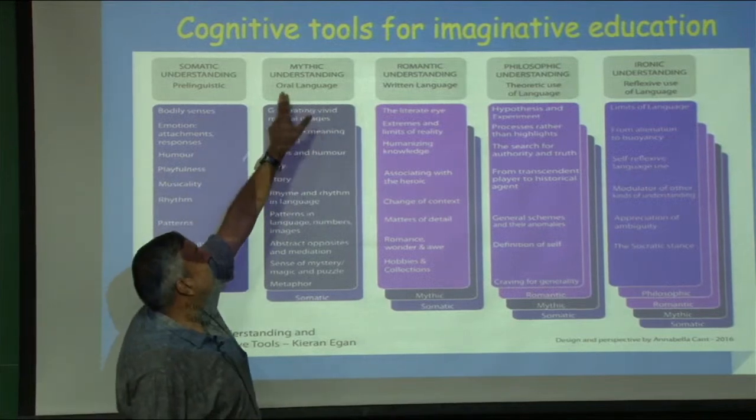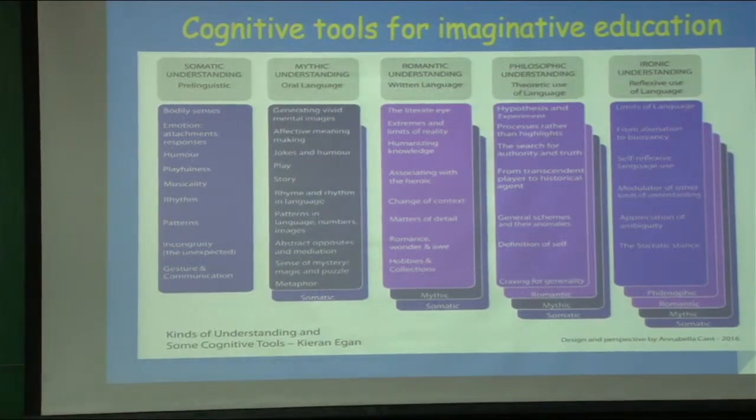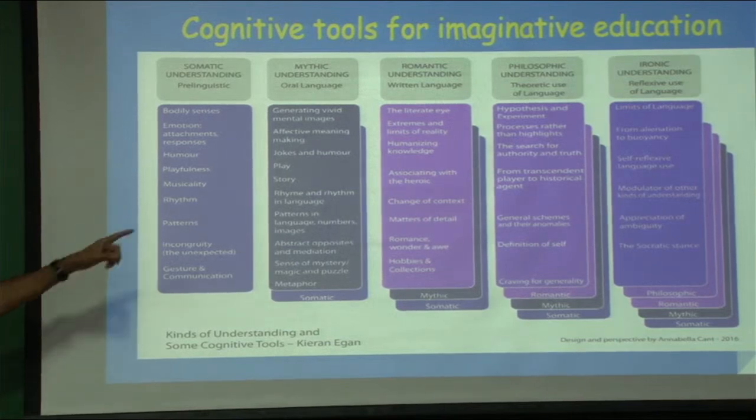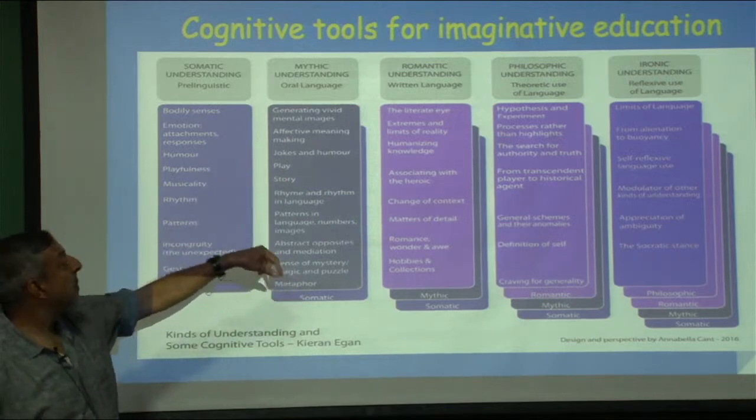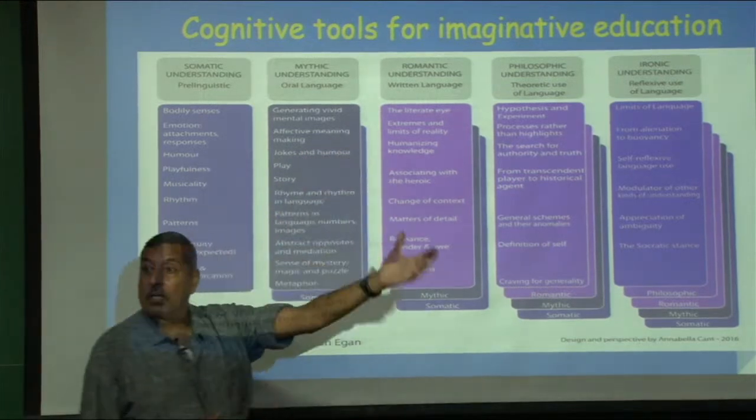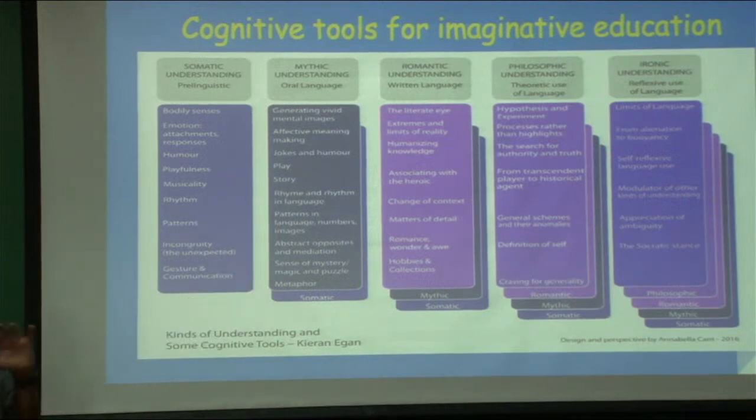Once kids start actually learning to speak, then they start looking at the world in a different way, and these are the things that appeal to them. Written language, which comes at a later stage, again opens up the world in a completely different way, and also it broadens it tremendously.